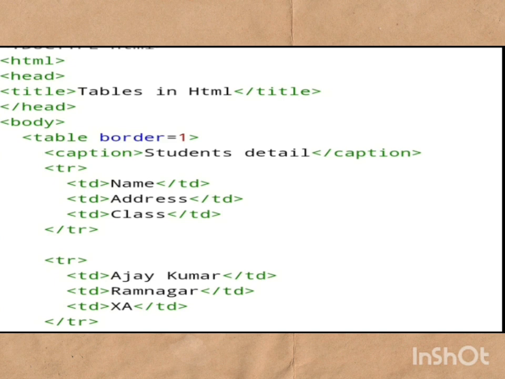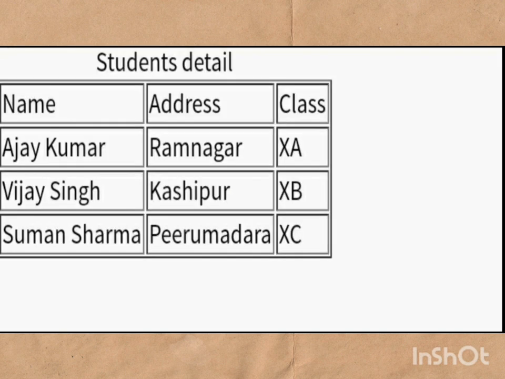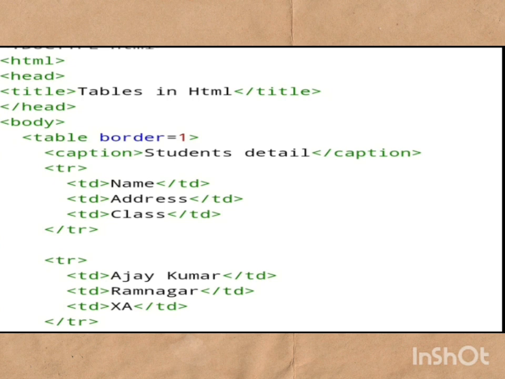So class, now you see caption I have made student detail, because I need to have student detail as a caption here. Now if you move to next, I want to have headings as name, then address, then class. So first td, second td, third td under the tr.